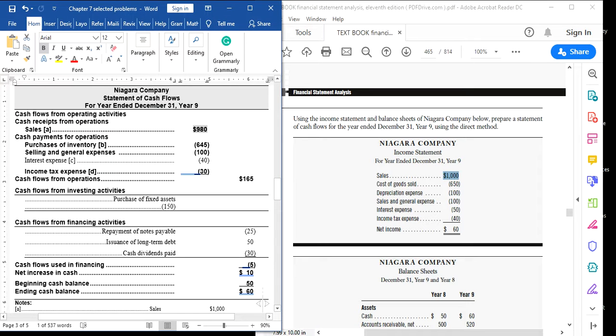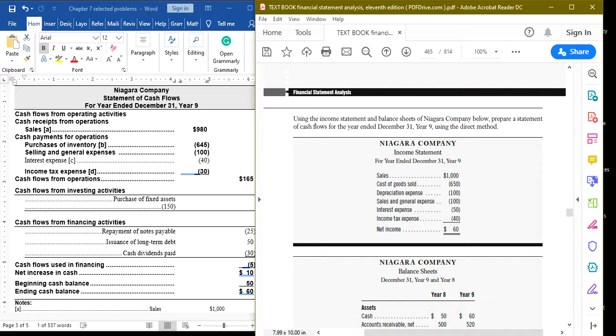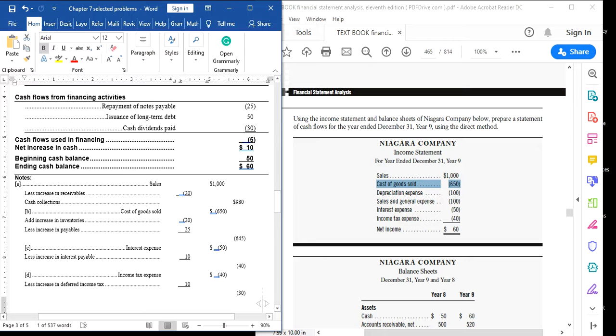Here cash payments for operations, purchases of inventory, 645 over here. But why we have here cost of goods sold 650? Now we have cost of goods 650. We add an increase in inventories by 20, but we deduct an increase in payables as well.